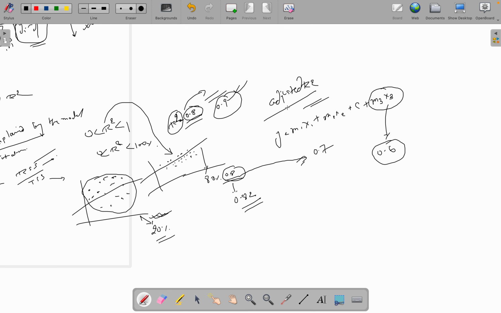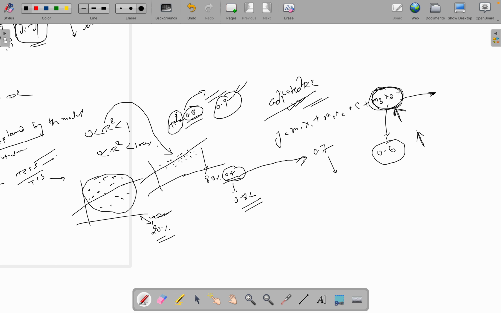So what adjusted R square says is, if you are adding any new feature to the model and the model is able to explain this feature, then your adjusted R square will increase. If the model is not able to explain this feature, then your adjusted R square score will go down.